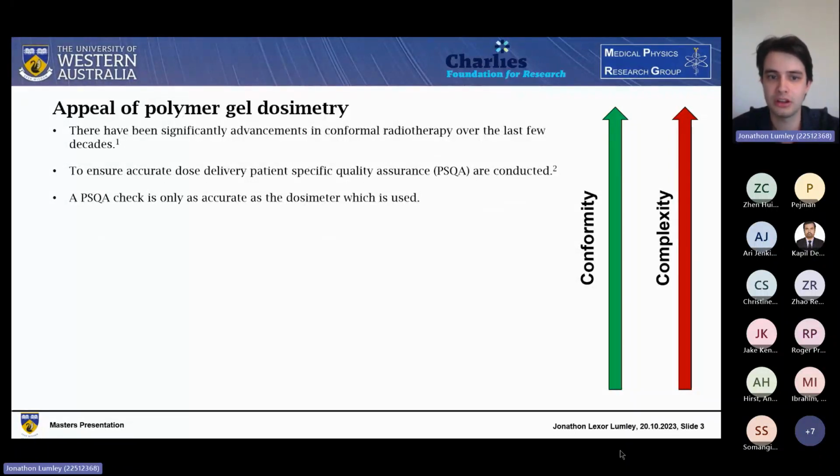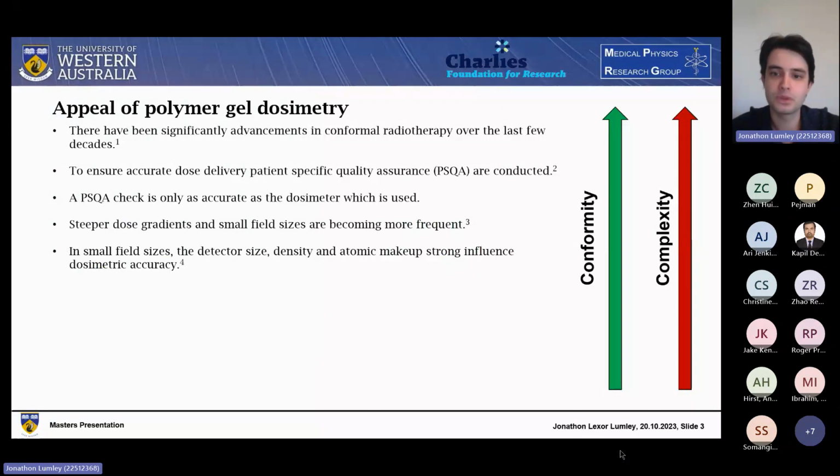However, these tests are only as accurate as the dosimeter which is being used. With the increase in conformity, there's also been an increase in steeper dose gradients and smaller field sizes, which have been becoming more frequent, and these can be quite challenging for pre-established dosimeters. Especially for small field sizes, the detector size, the density, and the atomic makeup can strongly influence the dosimetric accuracy.